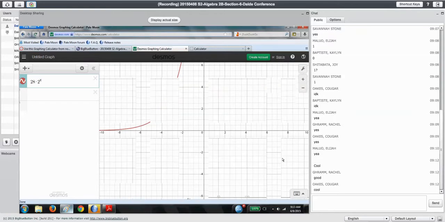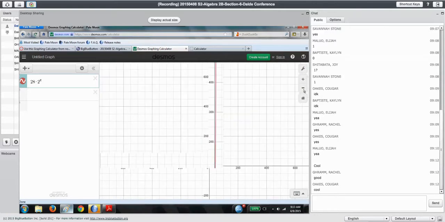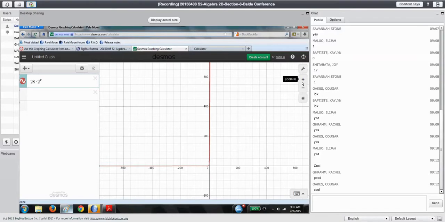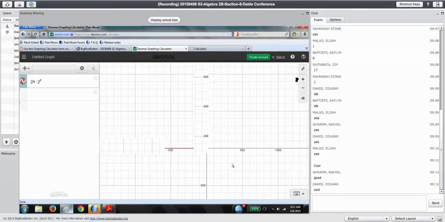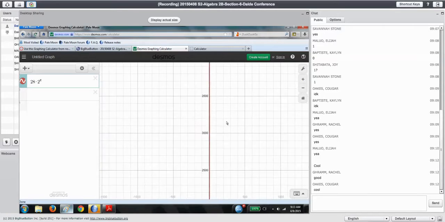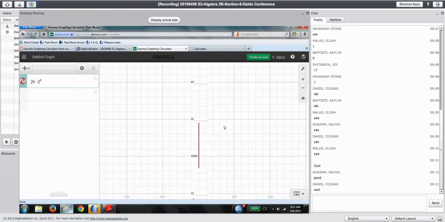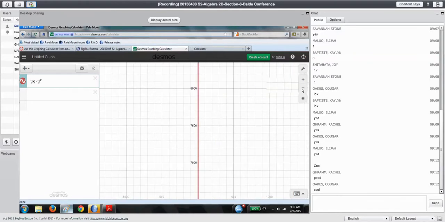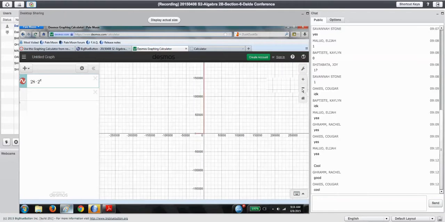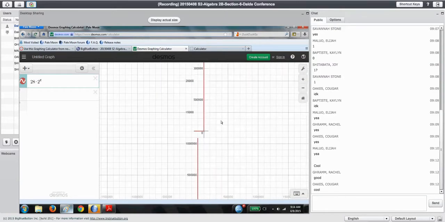All right. So here's the thing. How long do you have to wait to get to 28 million square feet? So we just have to find 28 million. That would be way back. There's 2 million.